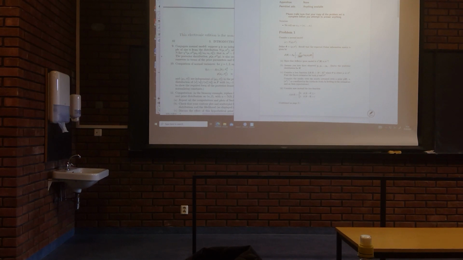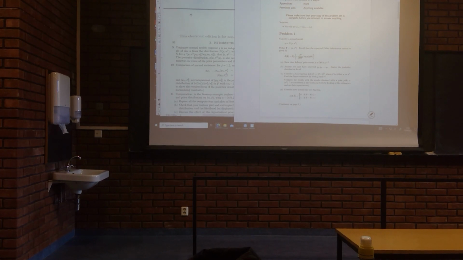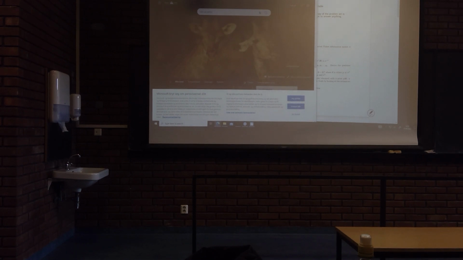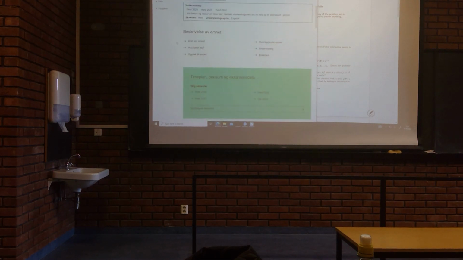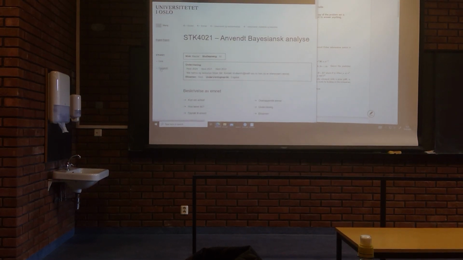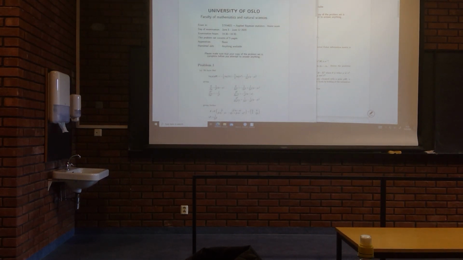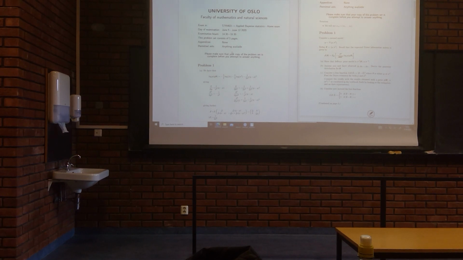We have observations Y that are Gaussian, and we are supposed to find the Jeffreys prior.